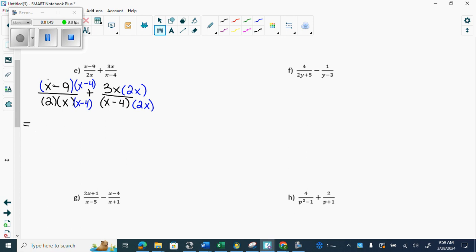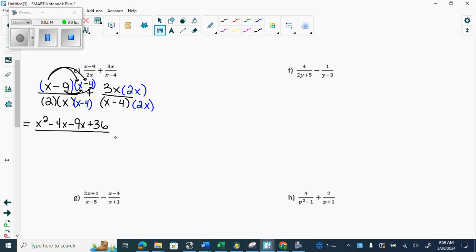So we go first times first, which is x times x, which is x squared. Outside, x times negative 4 is negative 4x. Inside, negative 9 times x is negative 9x. Last, negative 9 times negative 4 is positive 36.